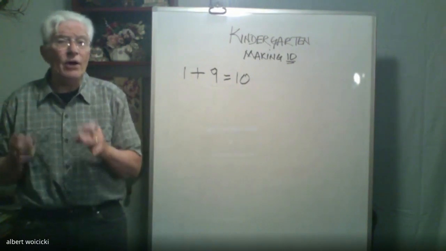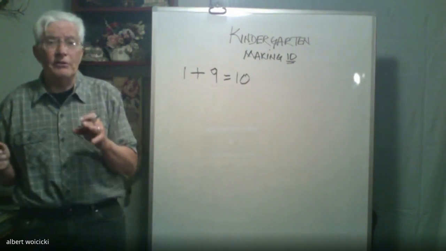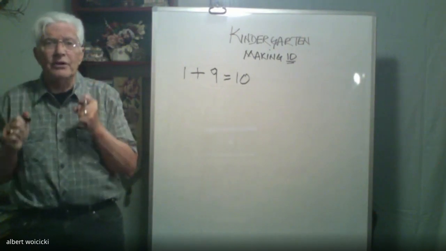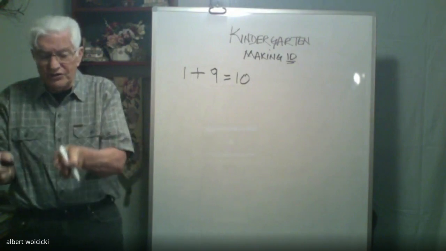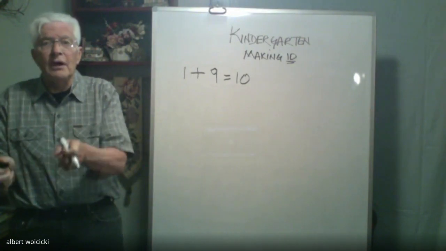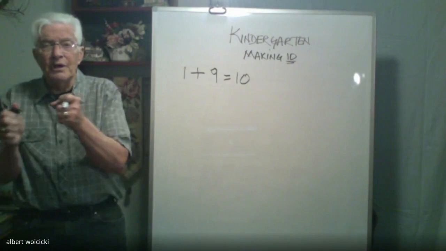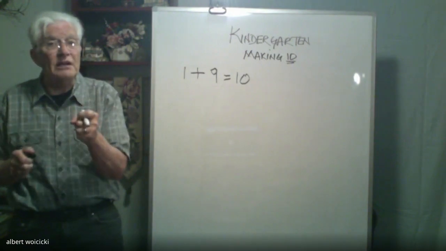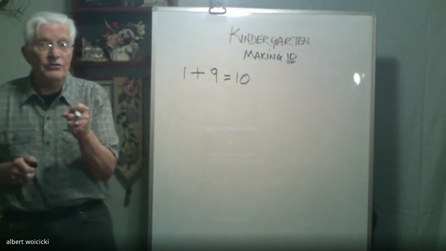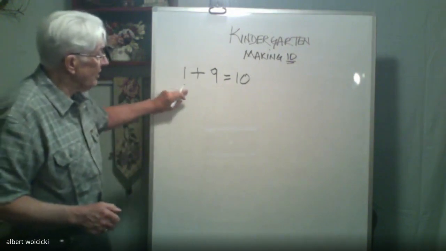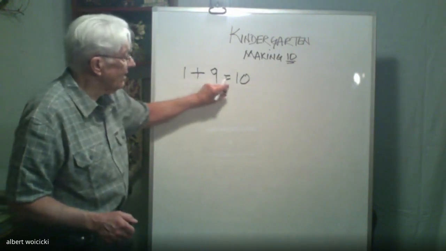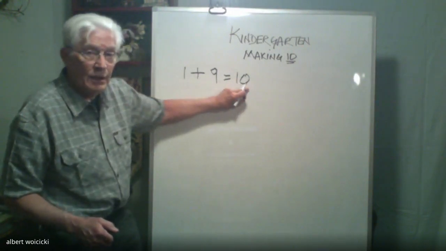Let them write all the symbols down for themselves. They need to put those symbols in their minds. If all they're doing is staring at them on a piece of paper, they'll see the numbers, but they won't really put it into their heads if they're not reading them to themselves. So as they're doing it, make sure they're reading it. 1 plus 9 equals 10.